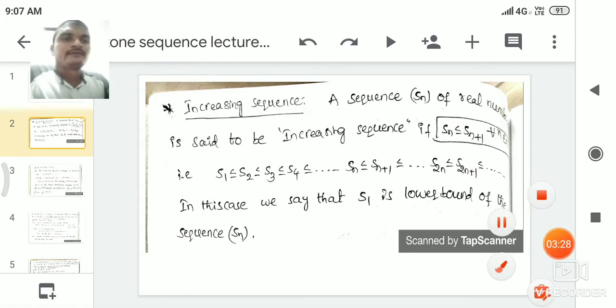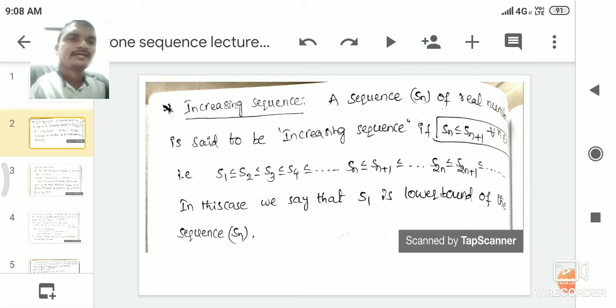After 2n term we have S2n plus 1, and S2n is less than or equal to S2n plus 1 is less than or equal to, after that, the S3n term. S3n is less than or equal to S3n plus 1. After that S4n, S5n. Similarly we continue this process.